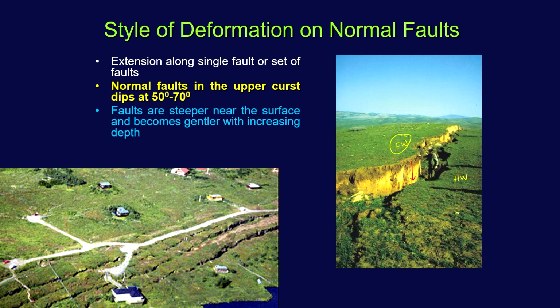And the exposed section, this one is termed your fault scarp. So this has happened during the co-seismic slip, and that is your earthquake in a normal faulting environment.